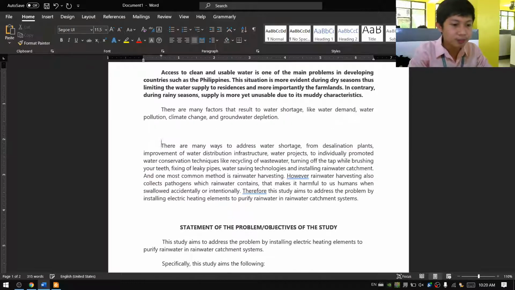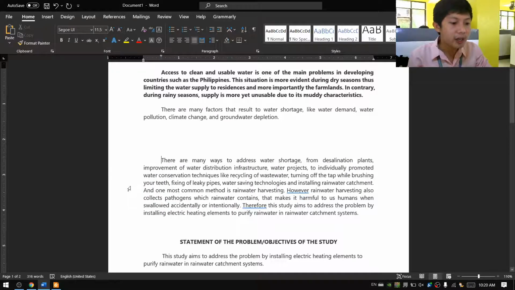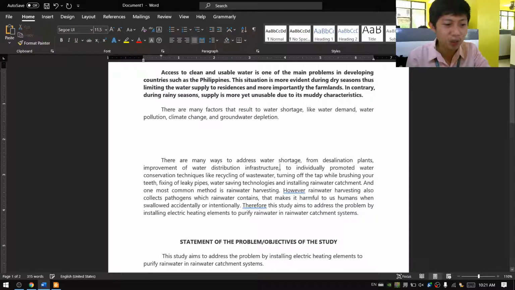Alright, so there are many ways to address water shortage. So you already introduced part 2, which is technology. Okay, so you are talking about technologies used to address water shortage. So you said desalination plants, improvement of water distribution infrastructure, which is yes, okay, water projects. Maybe this is already included in the water infrastructure.